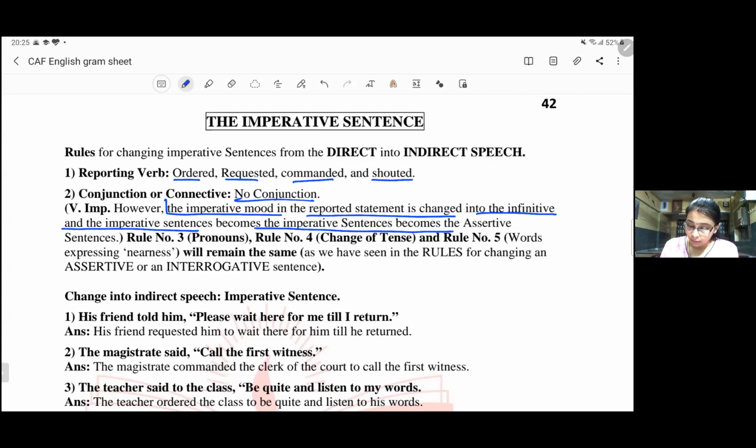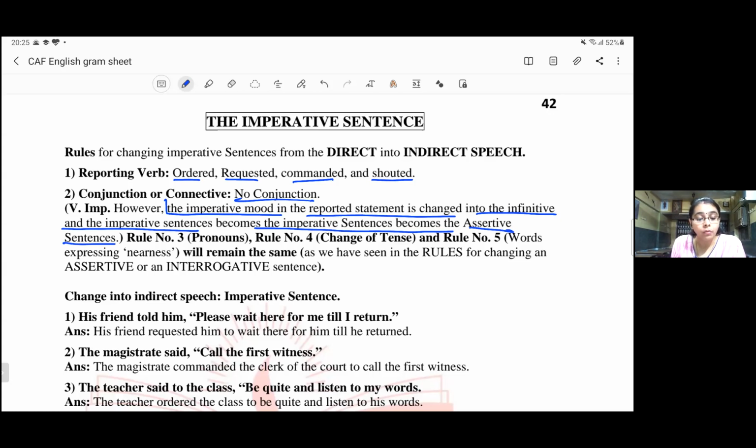The imperative mood in the reported statement is changed into infinitive, and the imperative sentence becomes an assertive sentence. Right? Imperative sentence hai, when it is changed, it will become an assertive sentence.